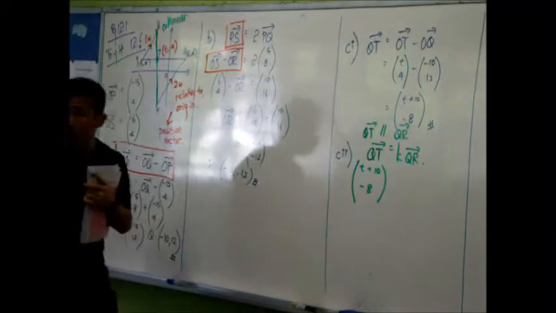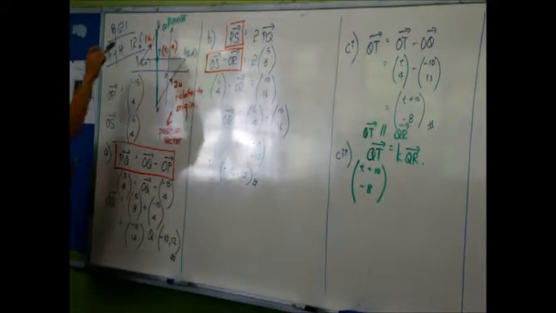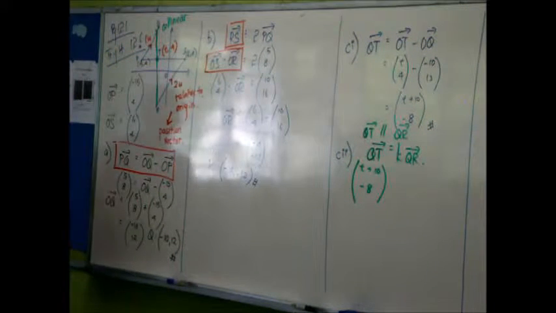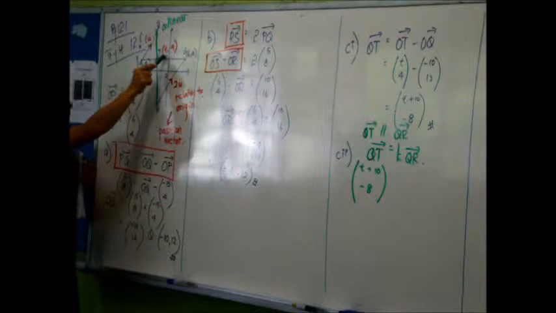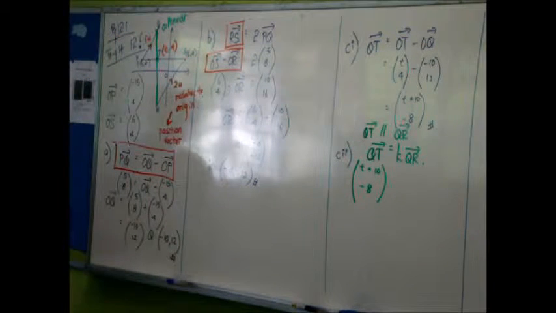Why cannot QT be parallel to TR? Good. She asked a very good question. Why cannot QT be parallel to TR? You can. But TR, am I right to say you need to make use of this unknown again? So I don't want an unknown. But do I have QR? Do I already have QR in the first place? It's given in the question, right? So let us make use of whatever is given in the question.